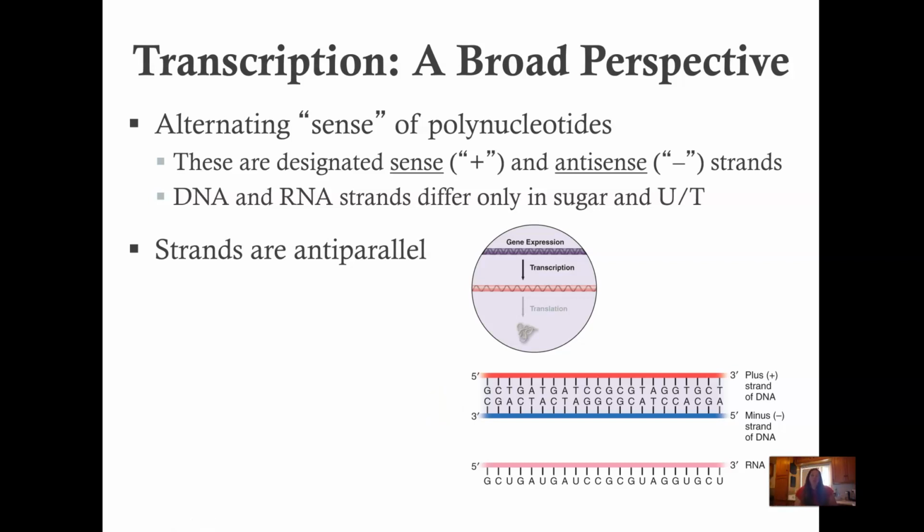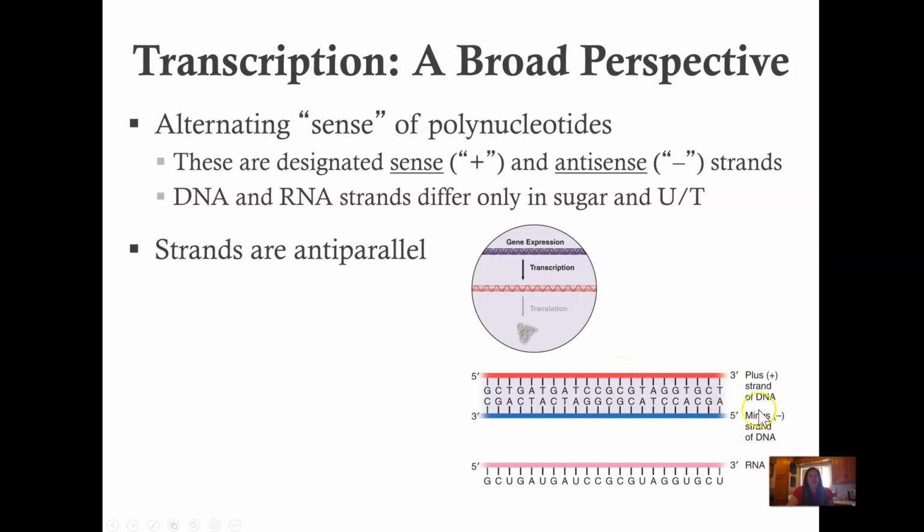When we're talking about transcription, we want to talk about which strand of the DNA molecule we're actually transcribing. It could be the top or the bottom, and the direction the RNA polymerase is moving determines which strand it is transcribing. We can refer to the template strand as the minus strand.